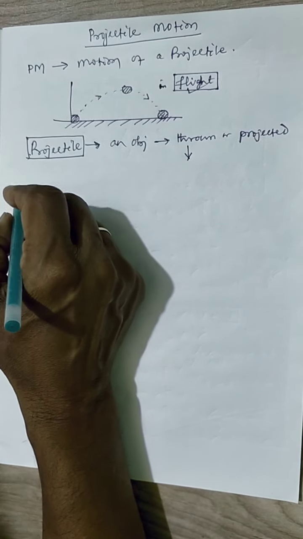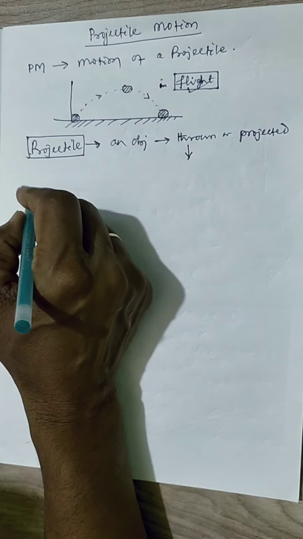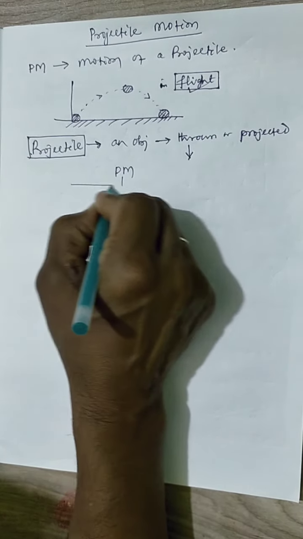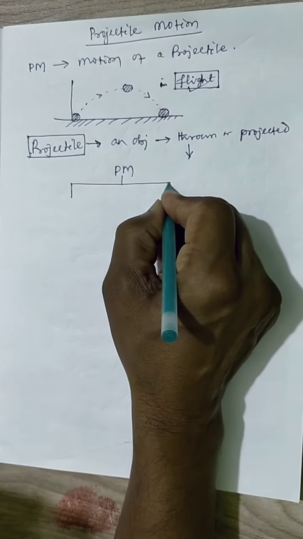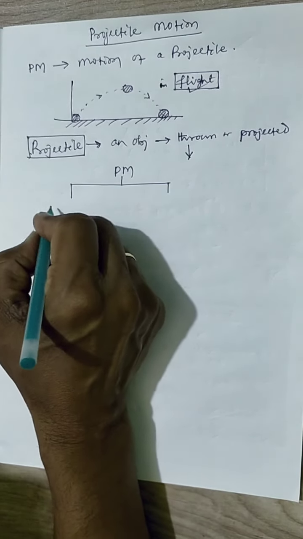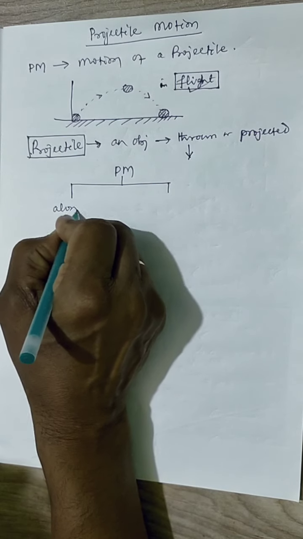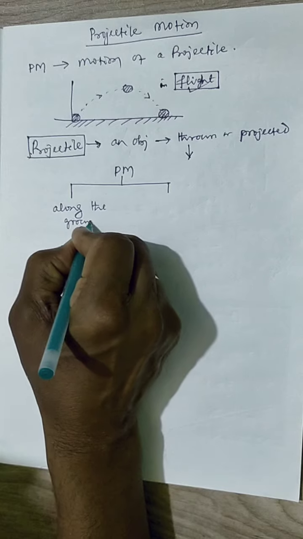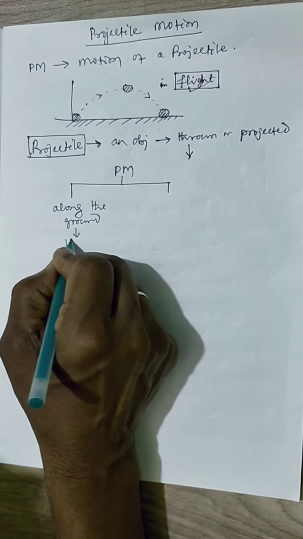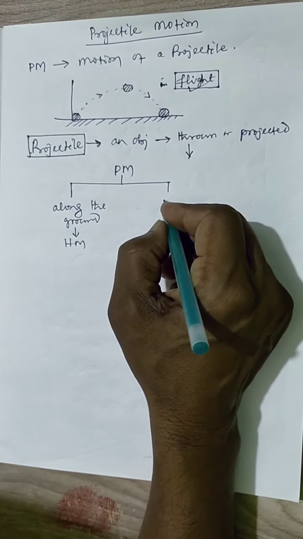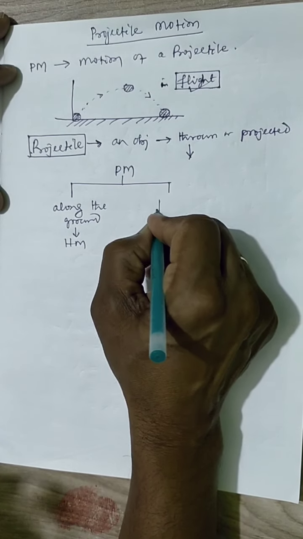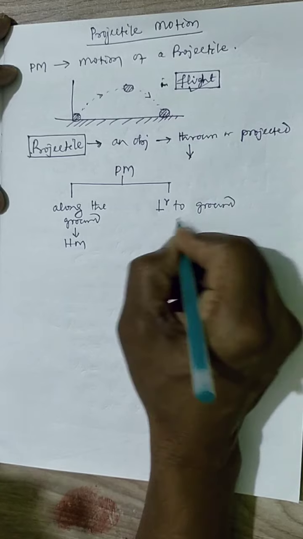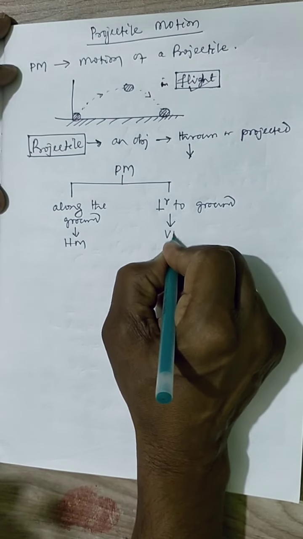It will have motion along two directions simultaneously. That is, along the ground, or we say horizontal motion, and another one is perpendicular to ground, that is vertical motion.